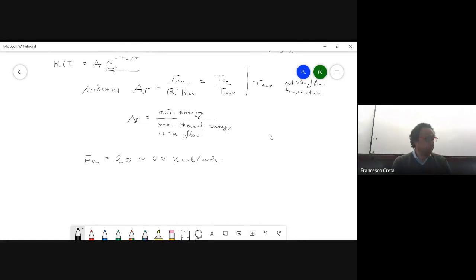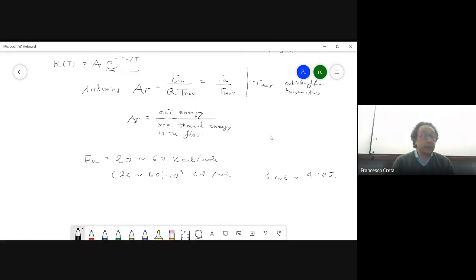So about 20 to 60 times 10 to the 3 calories per mole, where 1 calorie is roughly 4.18 joules.